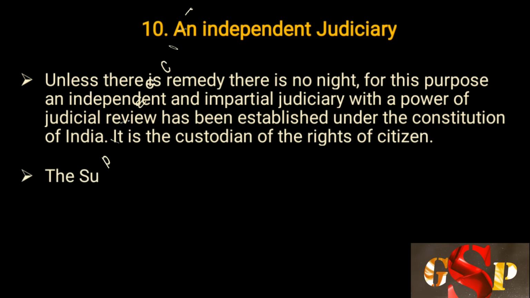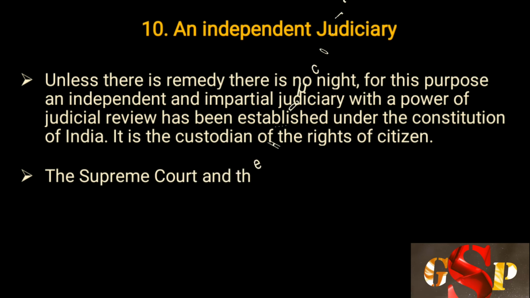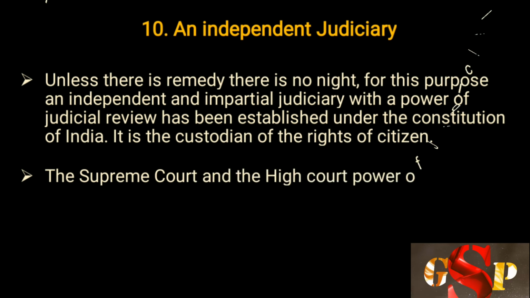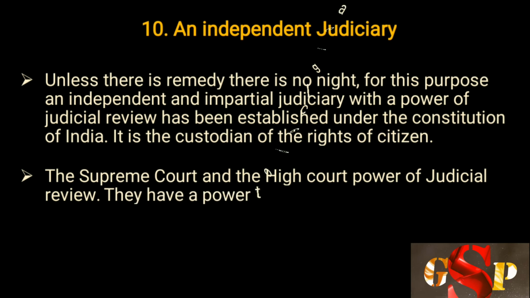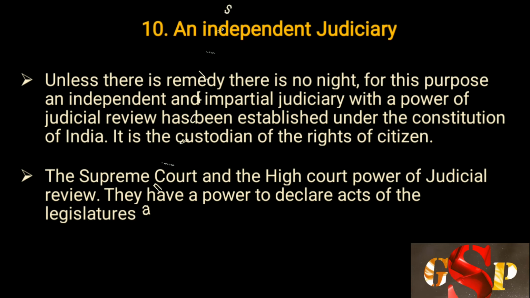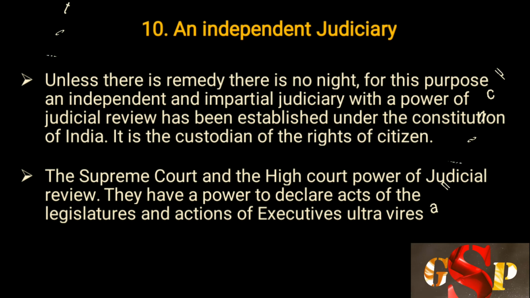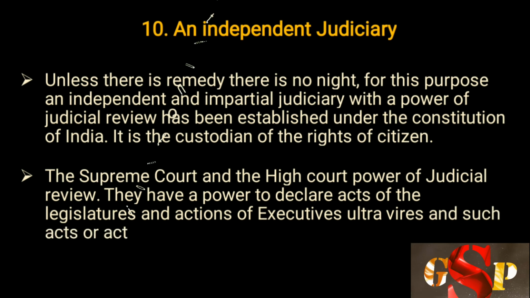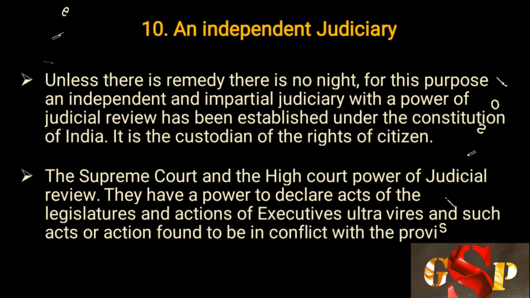It is the custodian of the rights of the citizens. The Supreme Court and the High Court have the power of judicial review. They have the power to declare acts of the legislatures and actions of the executive ultra vires, and such acts or actions found to be in conflict with the provisions of the Constitution can be declared ultra vires by the Supreme Court.